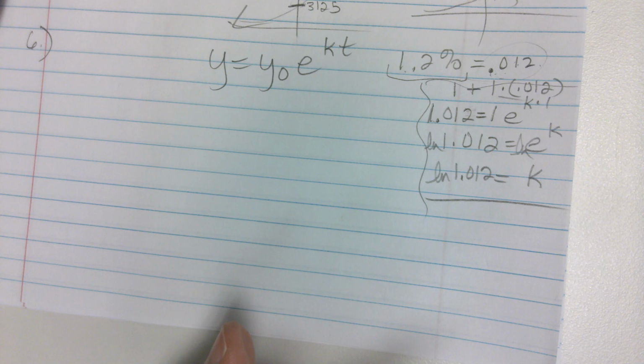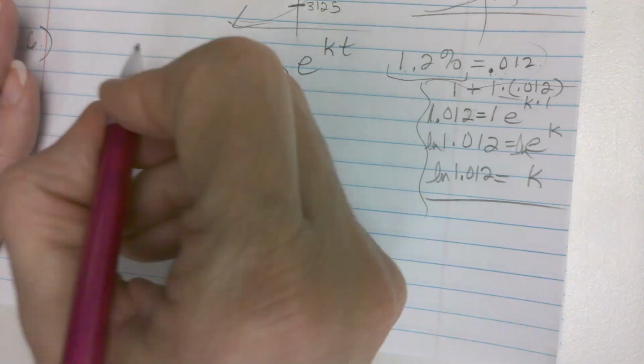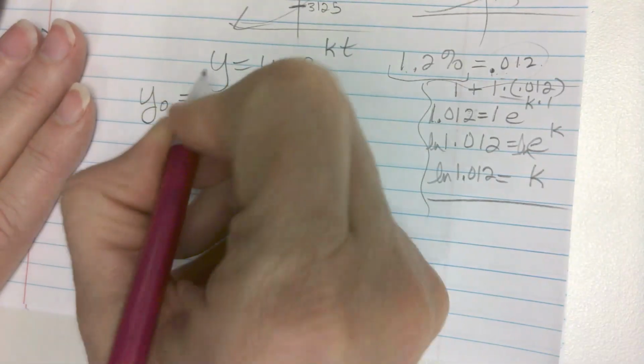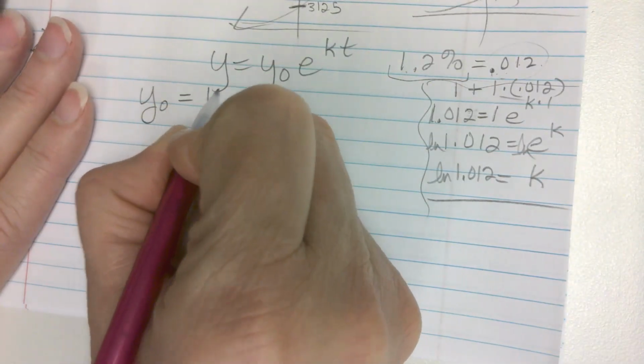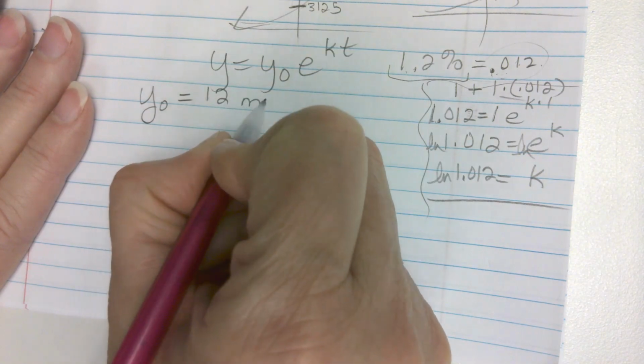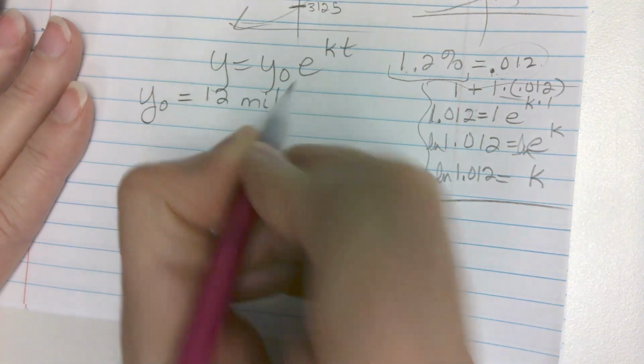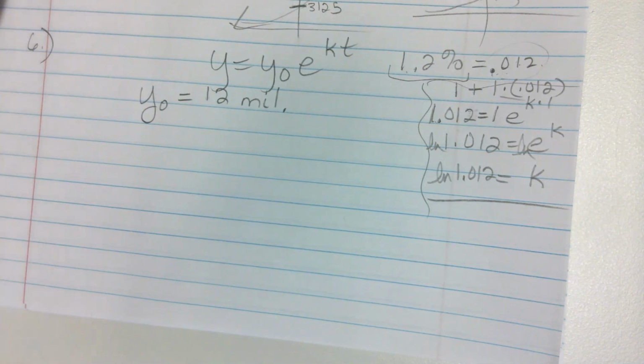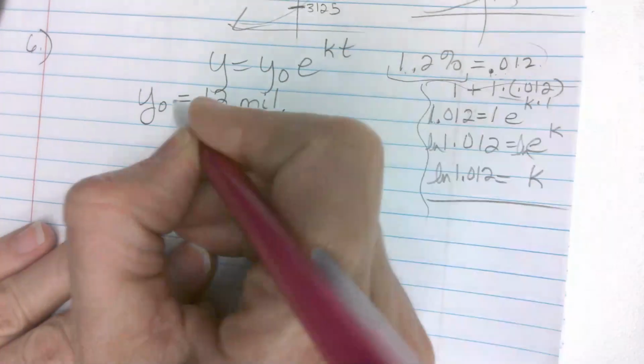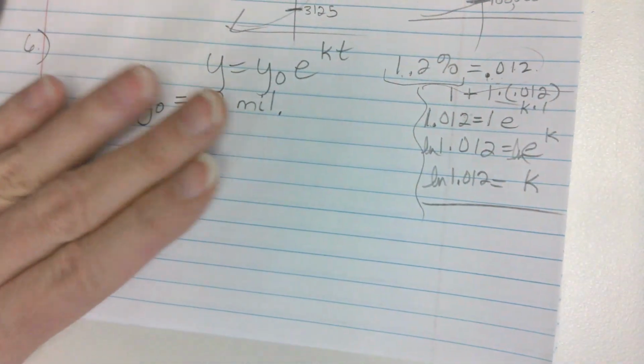It is estimated that the population in 2000 was 12 million. Are we going to start our time at the year 2000? Yeah. It says it was estimated that the population in 2000 was 12 million. I'm going to say that's the starting amount.